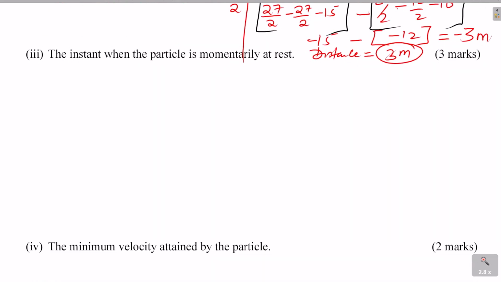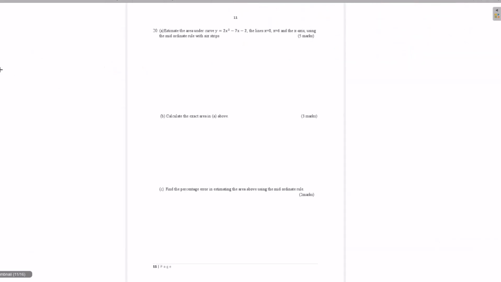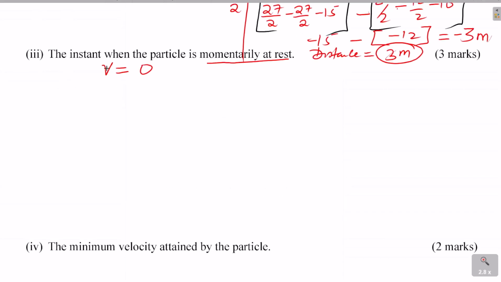One thing you're supposed to understand is that when the particle is momentarily at rest, velocity will be 0. When the particle is momentarily at rest, velocity is equals to 0. So you're going to take the expression for velocity, we had it.